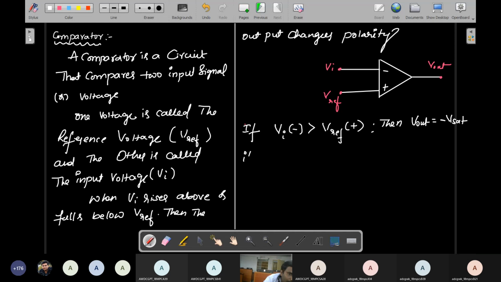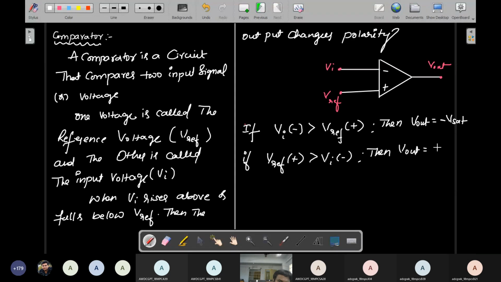If V reference at the positive terminal is greater than Vi at the negative terminal, that is, if the reference voltage is greater than the input voltage, then the output voltage is in positive saturation. So this is the concept.